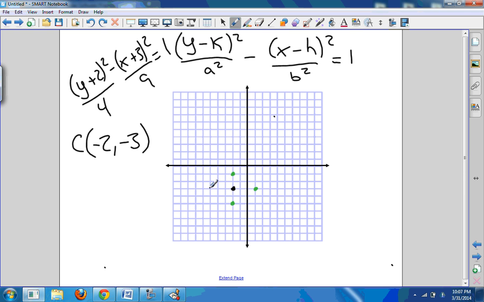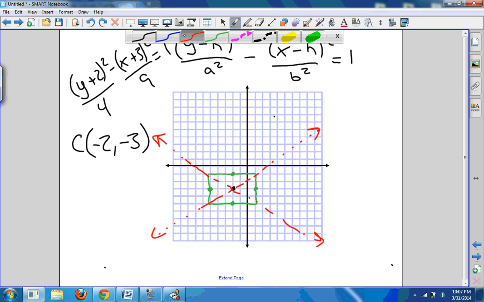So now I can make this box here. And I'm going to go ahead and make my asymptotes. So a dashed line going something like that, going down something like that, going down like that, and up like that. So my hyperbola is never going to cross those asymptotes.